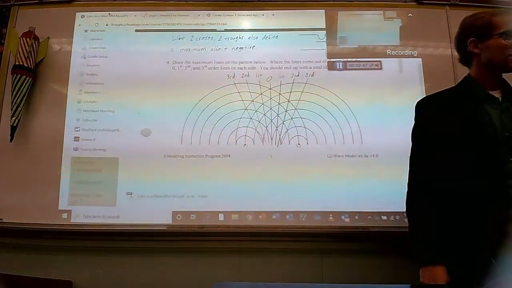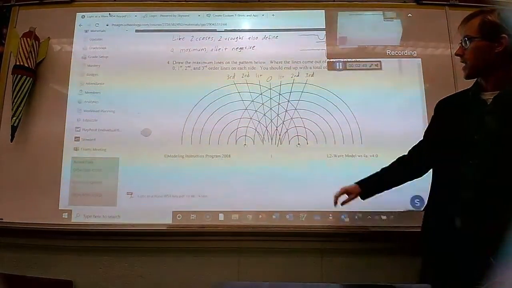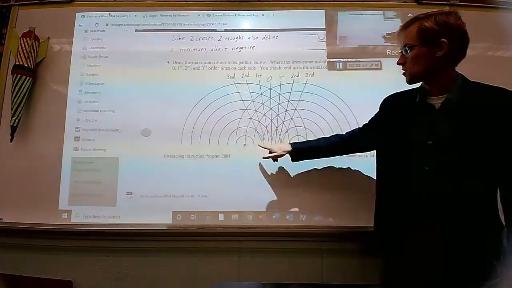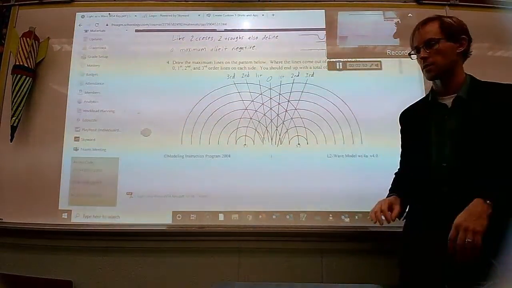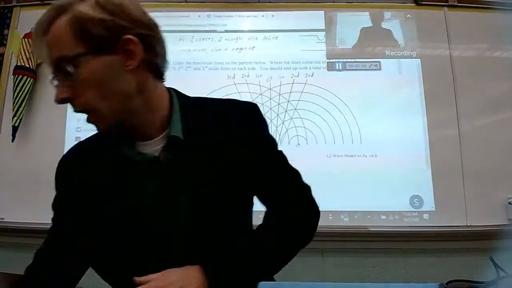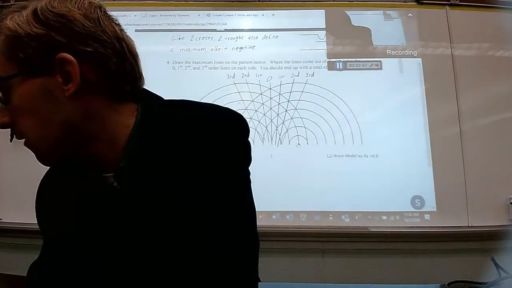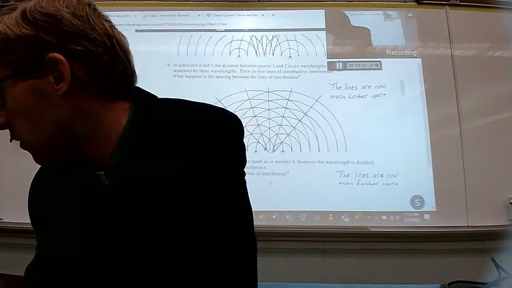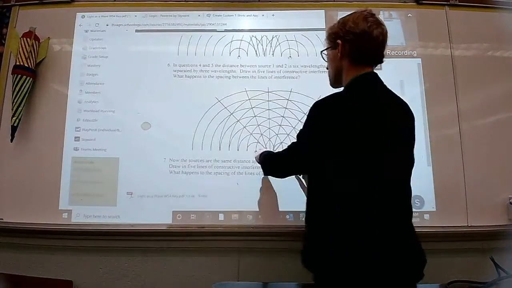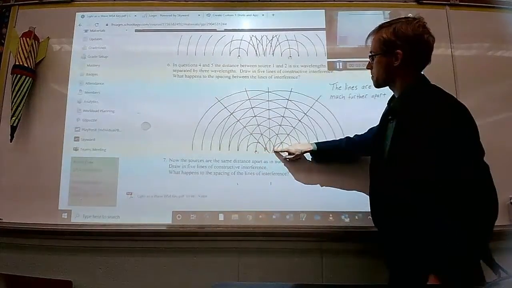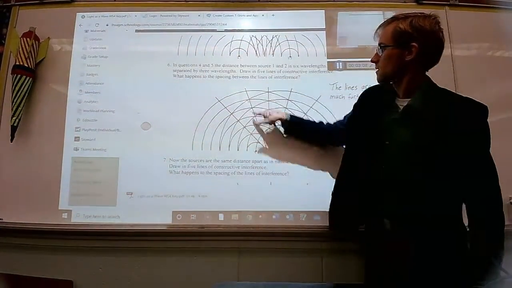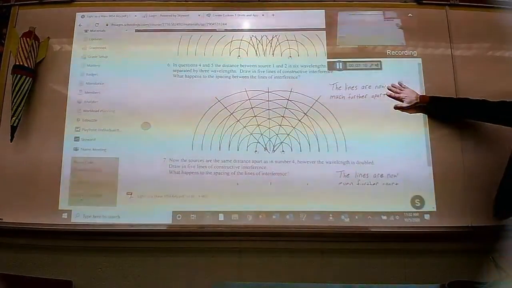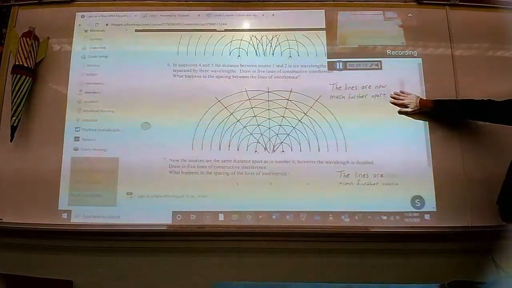So then the question is, what happened when we took these 2 wave sources and brought them closer together? Well, we can find out because that's what we did for number 6. In number 6, those 2 sources were moved closer together, and the maximum lines spread out. They were much further apart.